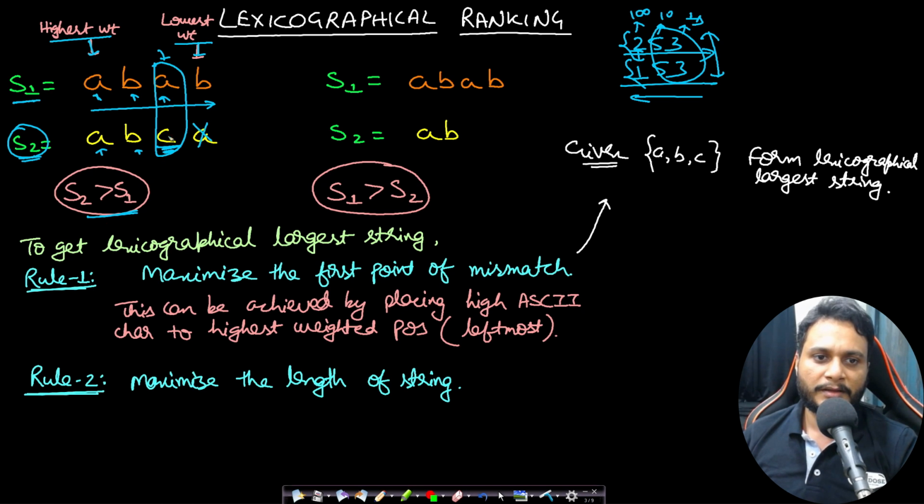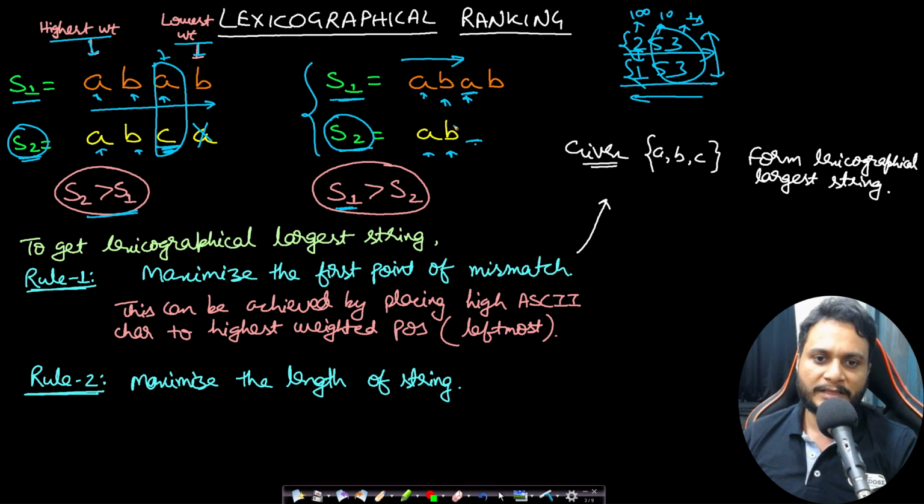Okay. Now if you look at the second example, you keep matching the corresponding characters, and they kept matching. But one of the strings ends at the third location. In this case, if all the characters were matching and one of the strings ends before the other, then the longer string S1 is going to be larger. So the length will only matter when all the corresponding position characters were matching.